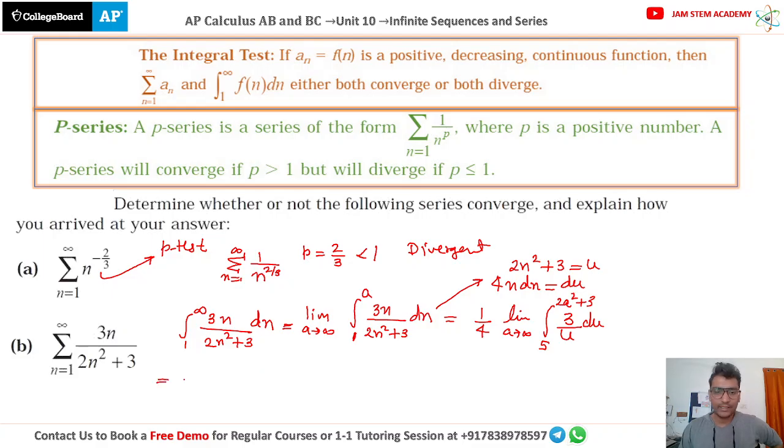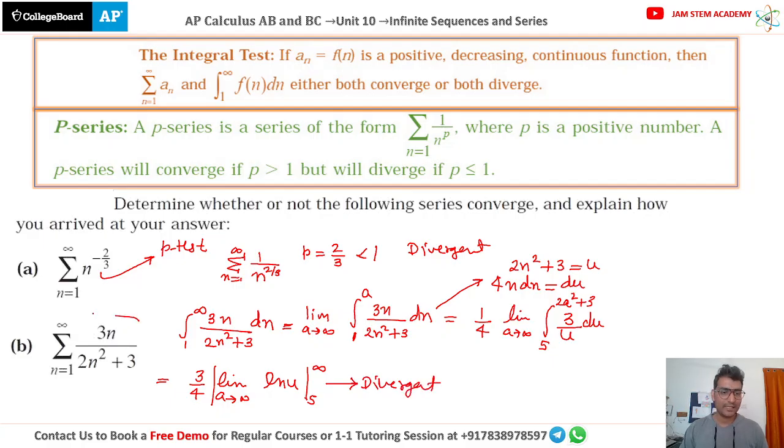So simply integrate it. 3/4 of limit a tending to infinity. What is that? 3 over u, with the 3 already taken out. So natural log of u, with limits 5 to infinity. Now you can easily see that as u tends to infinity, ln u tends to infinity. So it is divergent in nature.